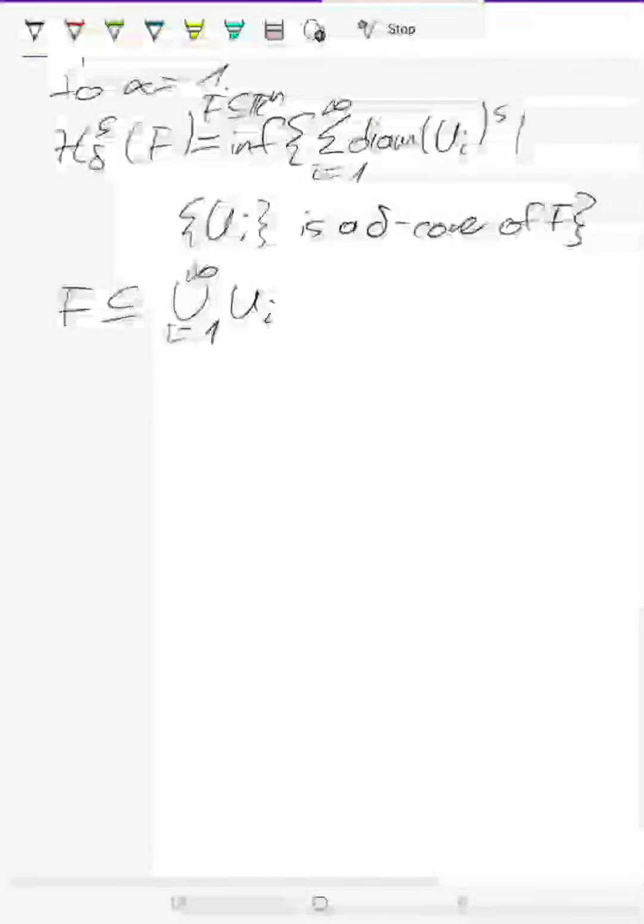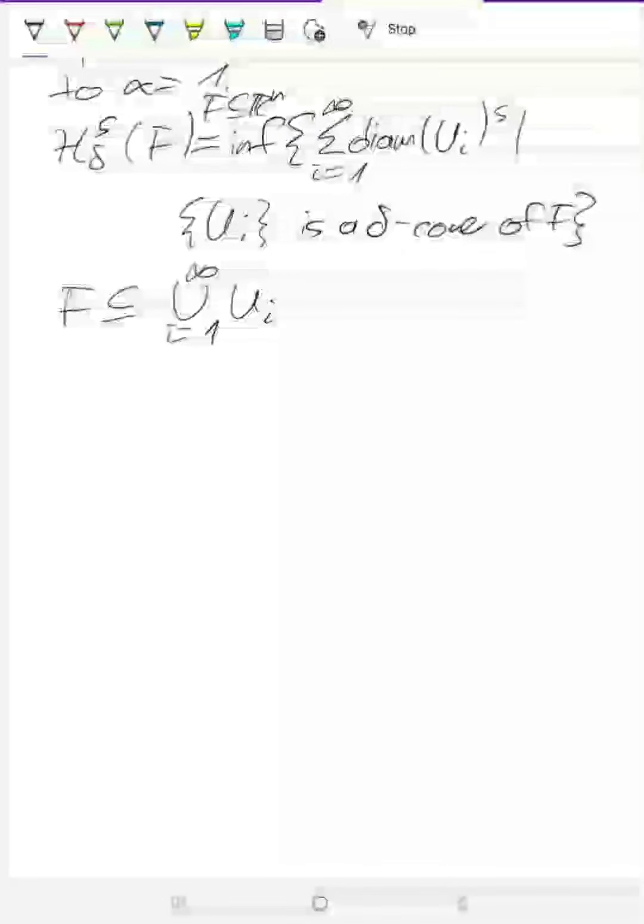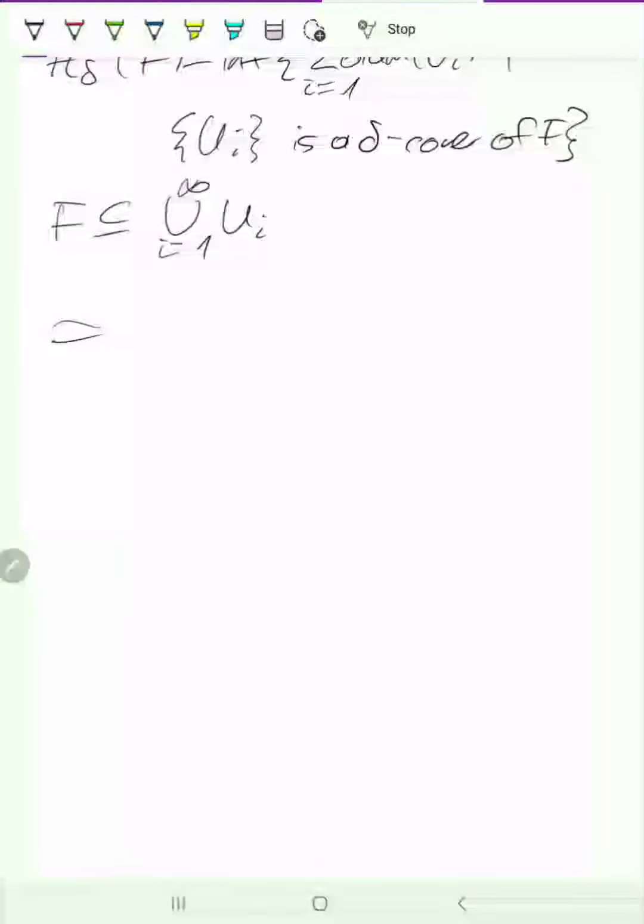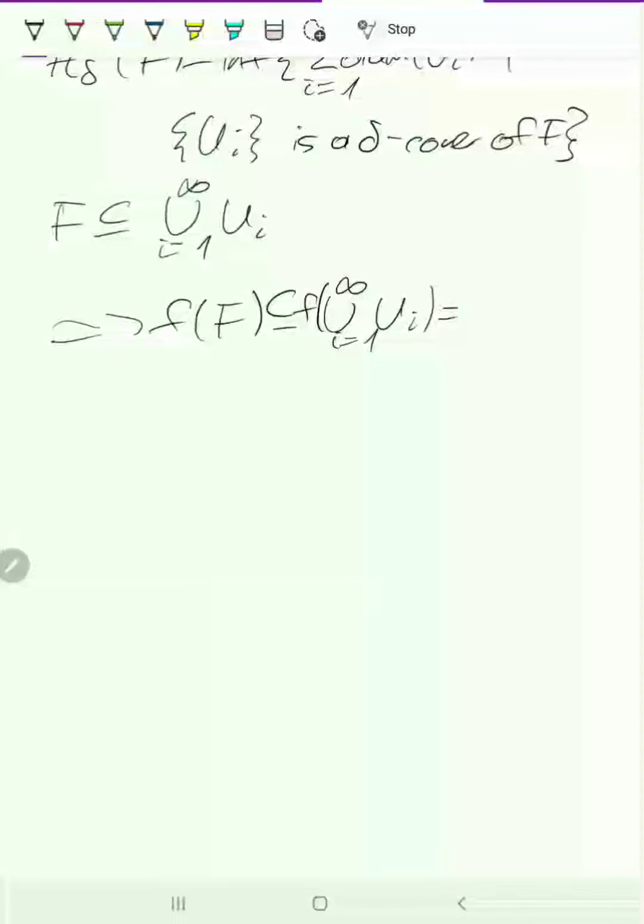And now let's see what happens if we apply our map little f, or Hölder continuous map, to the set capital F. So by set theory, this is basic set theory, we get that this is in, well, let's say f of the union, and this is just the union of the f of U_i.